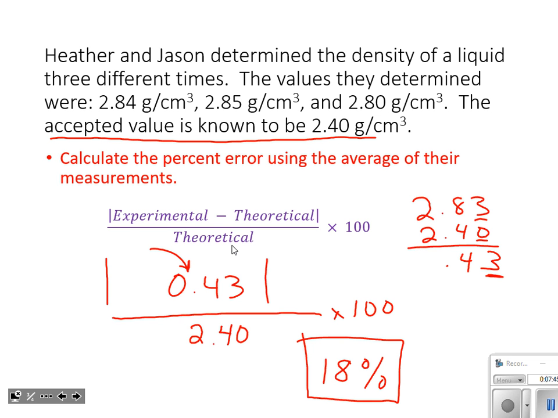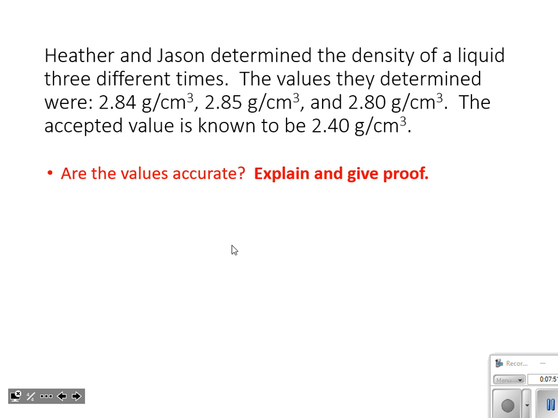The third and the final question was, are the values accurate? Explain and give proof. Now, are the values accurate? No. No, those values are not accurate. Why are they not accurate? Olivia, what do you think?